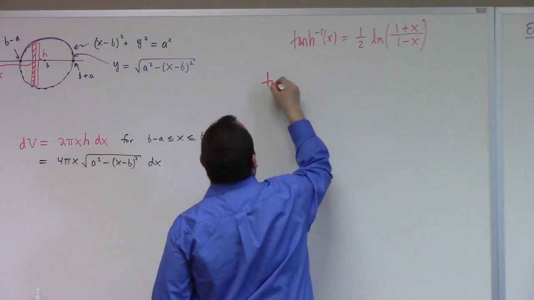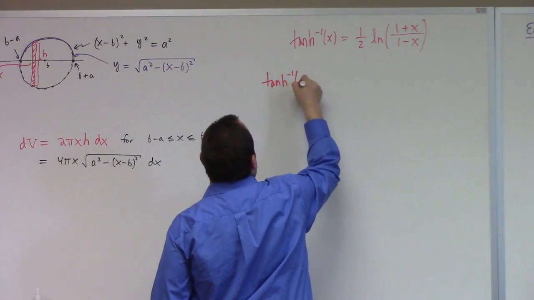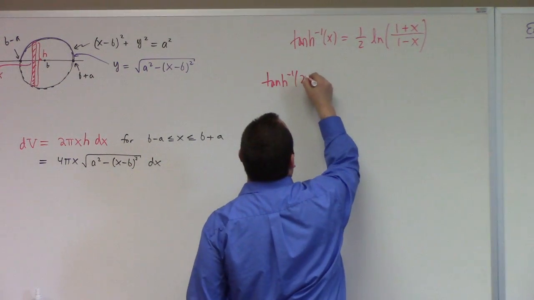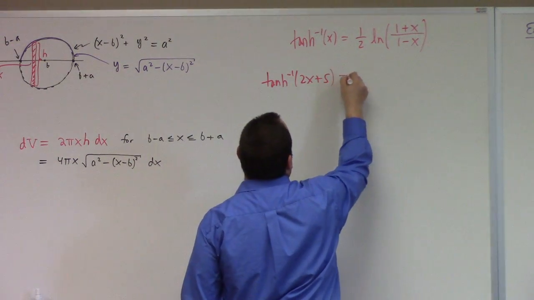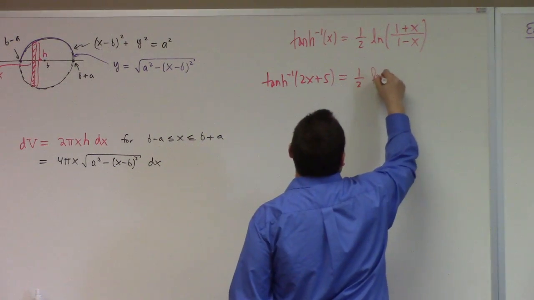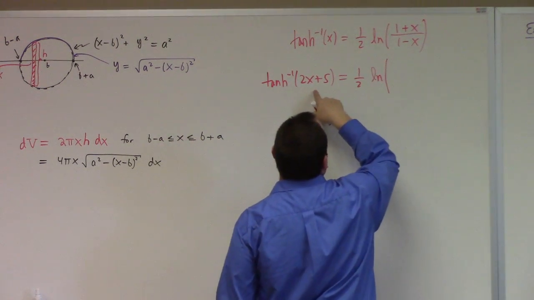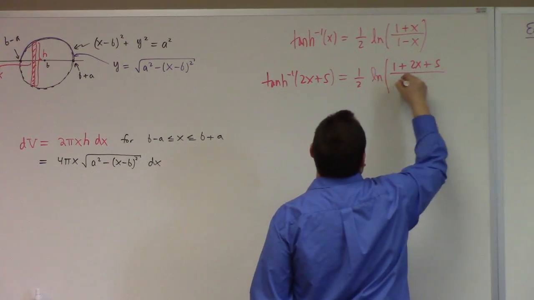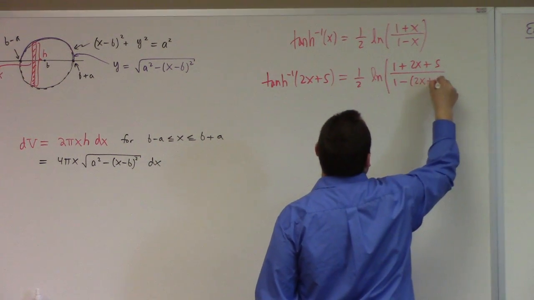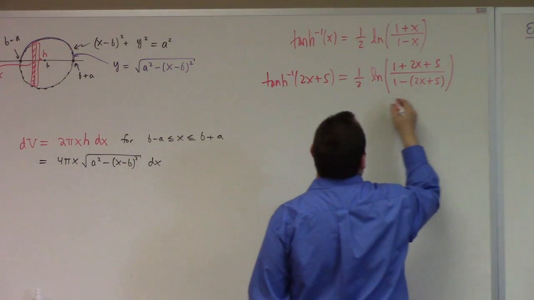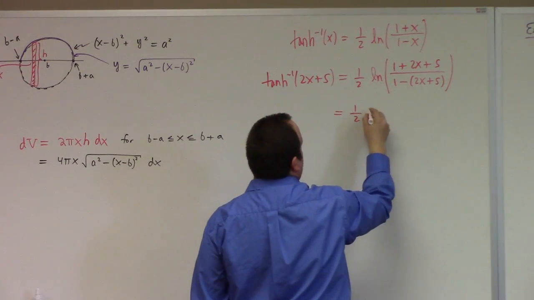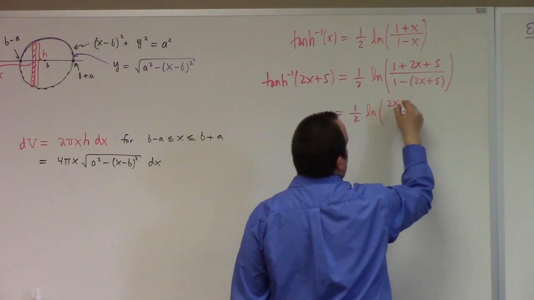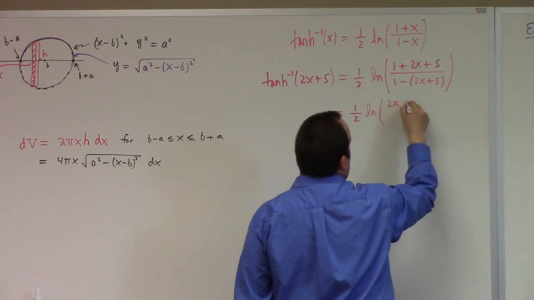So if you look at inverse hyperbolic tangent of, basically 2x plus 5, what's that look like? Which is what? Two x plus what?